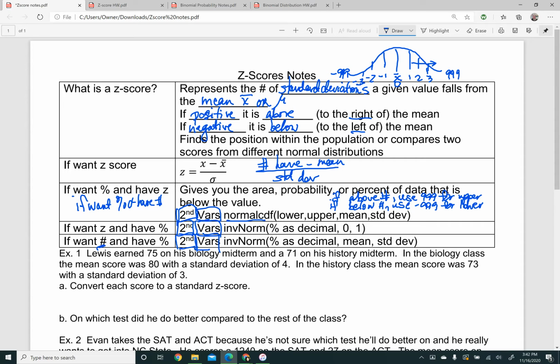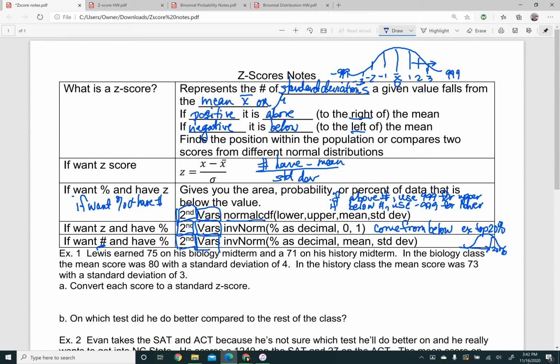One thing you have to know about inverse norm is that these come from below, okay? They add up, the percentages come from below. So like if I said, for example, I wanted the top 20%, well, in my normal curve, if this is the top 20%, the inverse norm comes from below.